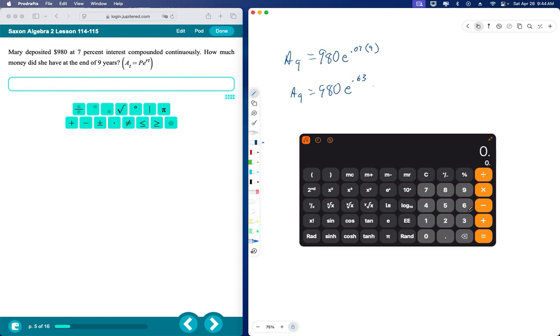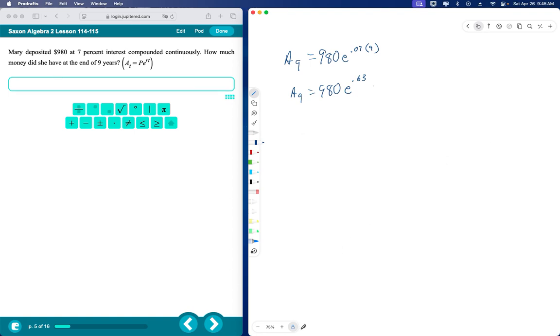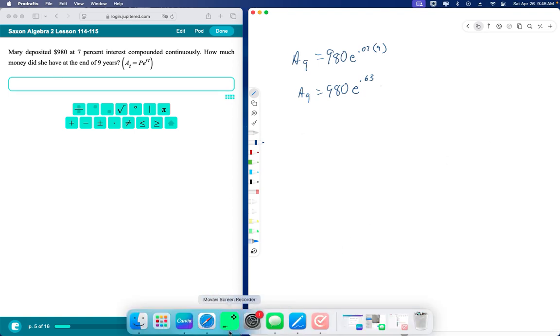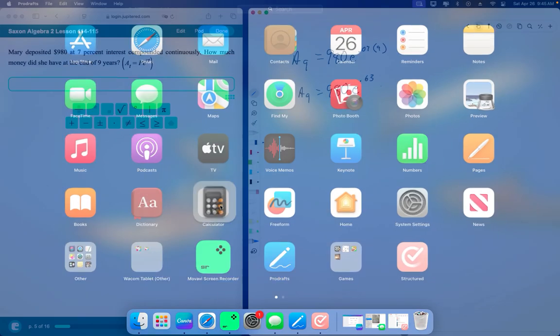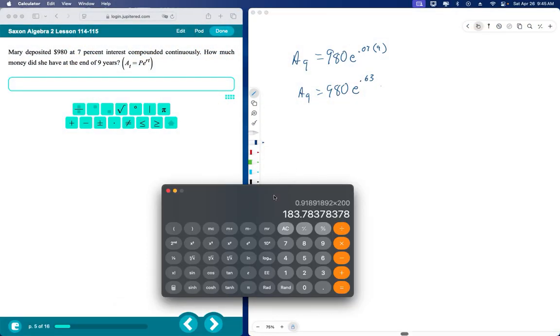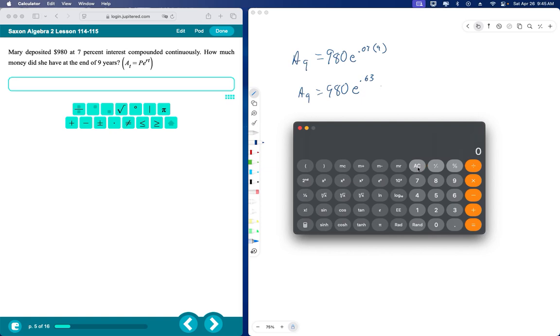Let me get my Apple calculator. It usually does better, and it writes it so that I can see what I'm doing. I like it better. I wish it was built into the ProDrafts.